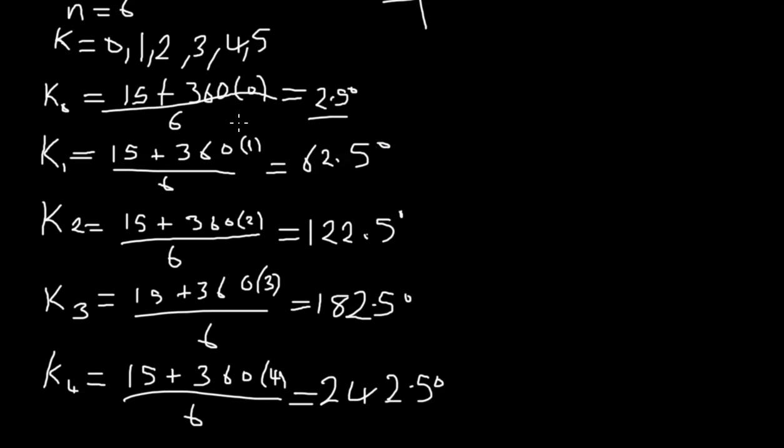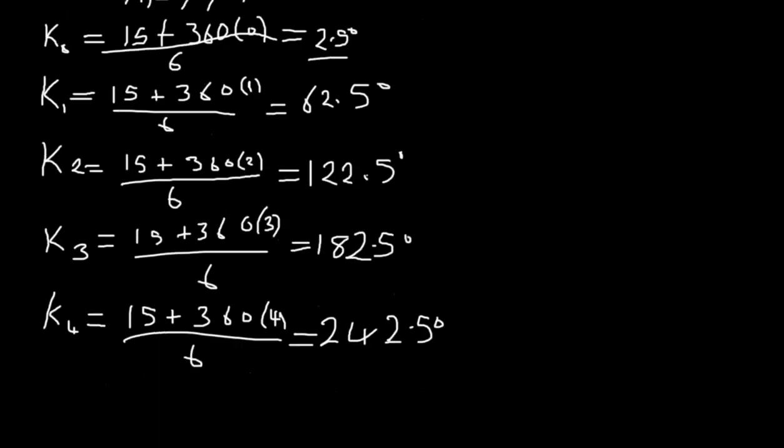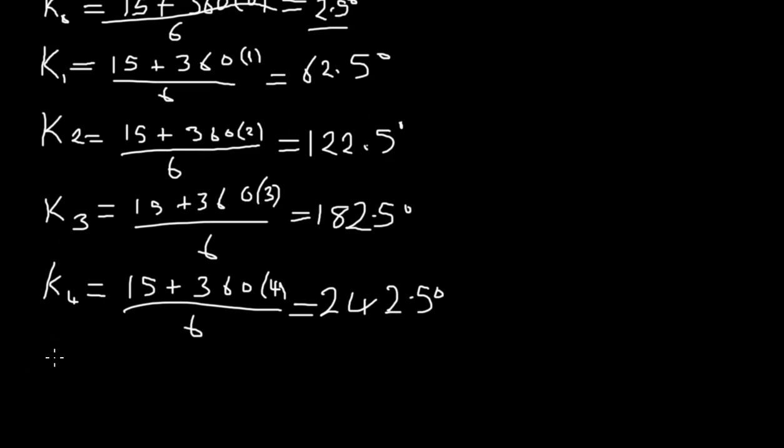1, 2, 3, 4, 5, and then we find our last K, which is K5. So when K is equal to 5, our value of the argument is going to be 15 plus 360 times 5, then everything divided by 6.